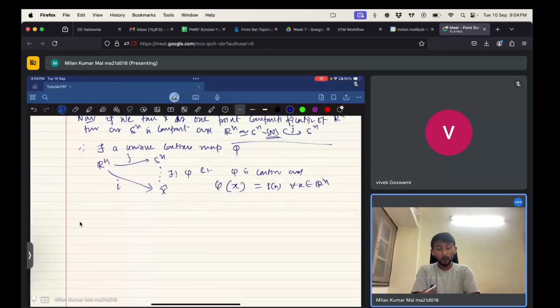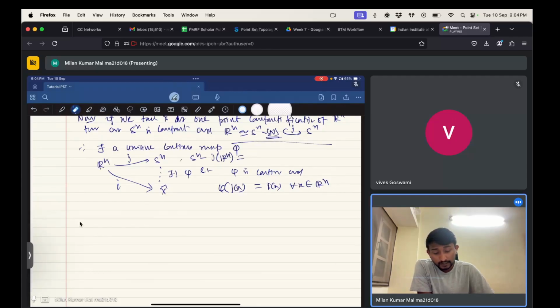If I take all of J of R to the power n, then Sn minus J of R to the power n is the north pole N, and the one point compactification is X union the point p naught.